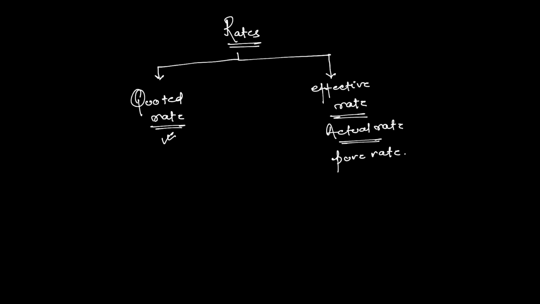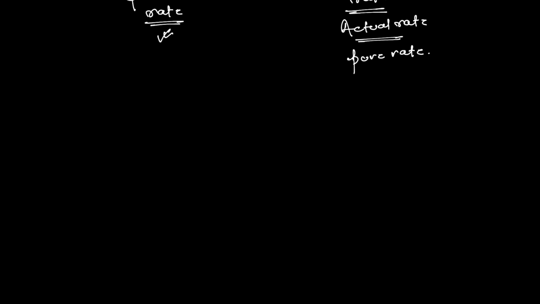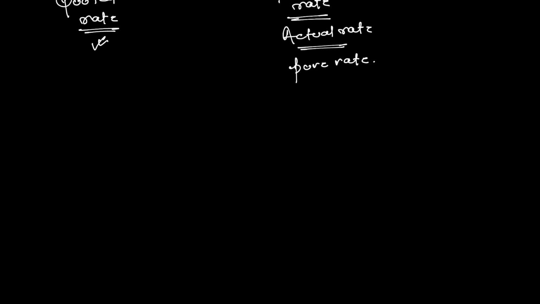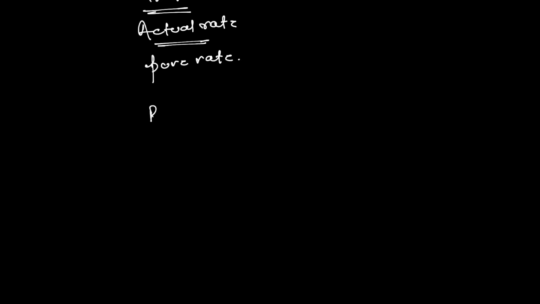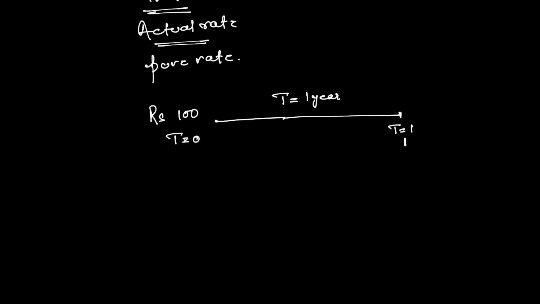So if I say you invested rupees 100 at t equal to 0, and you invested it for 1 year, the time horizon is 1 year. At the end of 1 year, at t equal to 1, you receive 105.